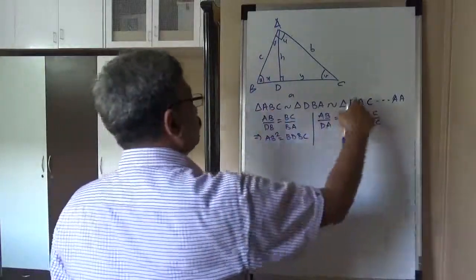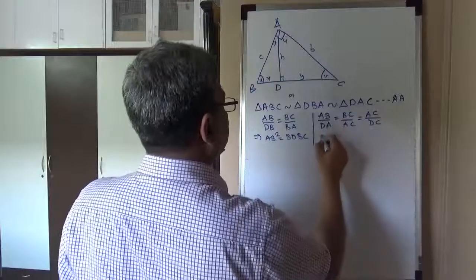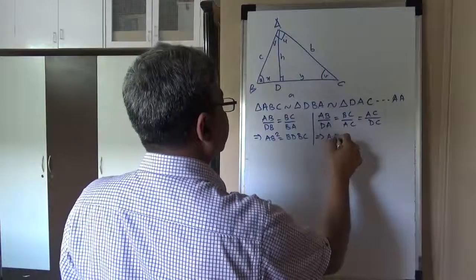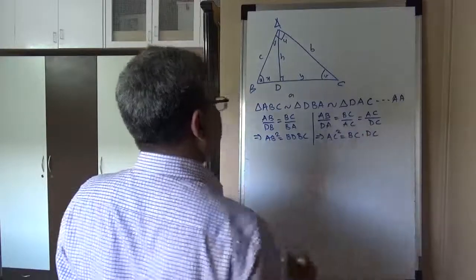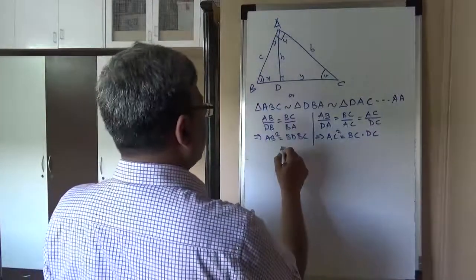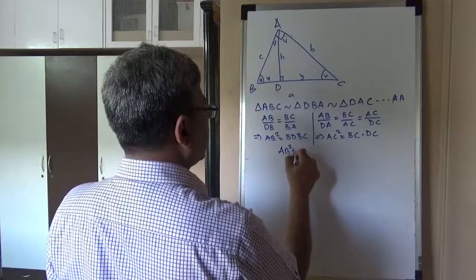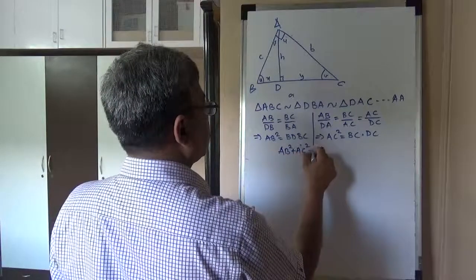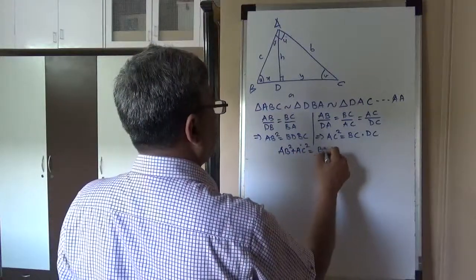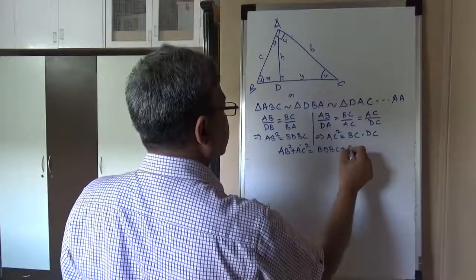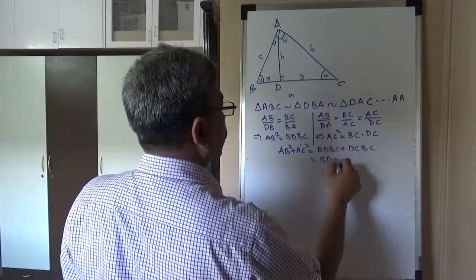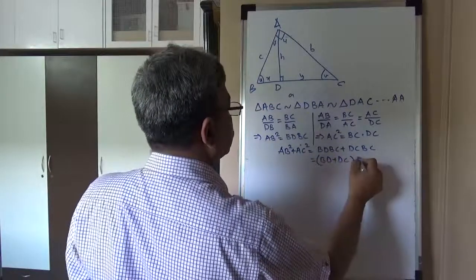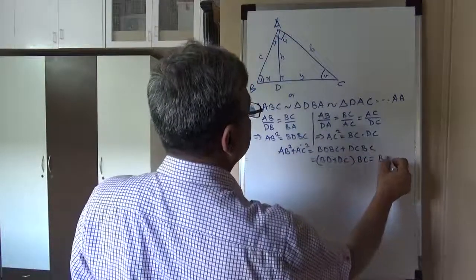So if I use these two triangles, I get this similarity, and if I cross multiply, I get AC square is equal to BC into DC. Right? So now if I add AB square plus AC square is equal to BD into BC plus DC into BC, which is equal to BD plus DC times BC, which is BC square.